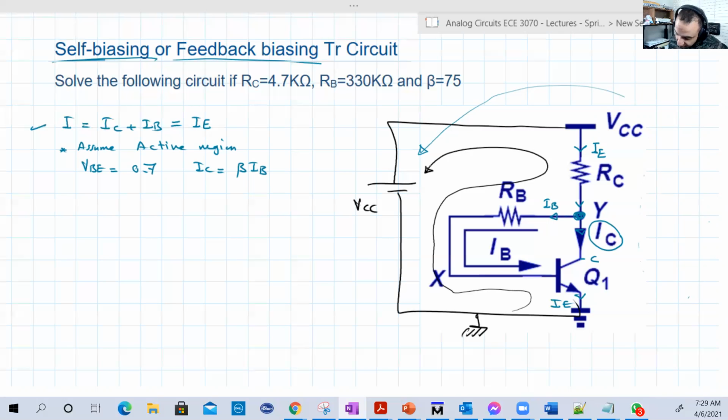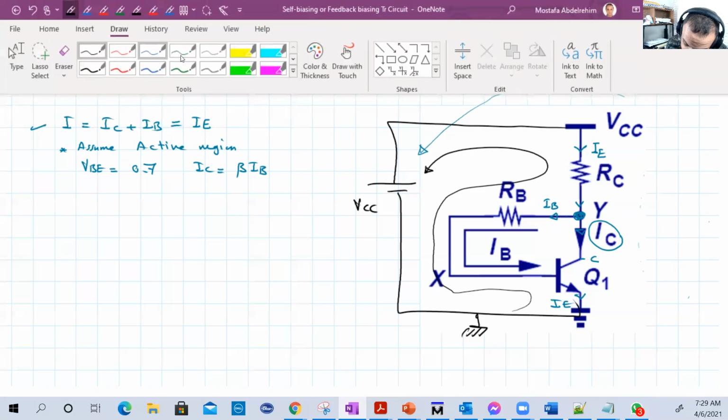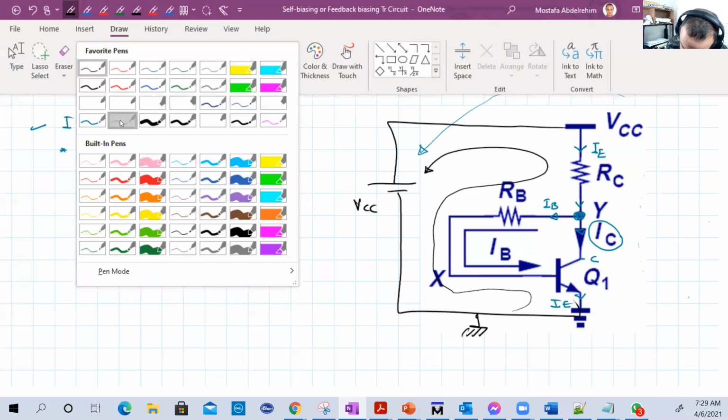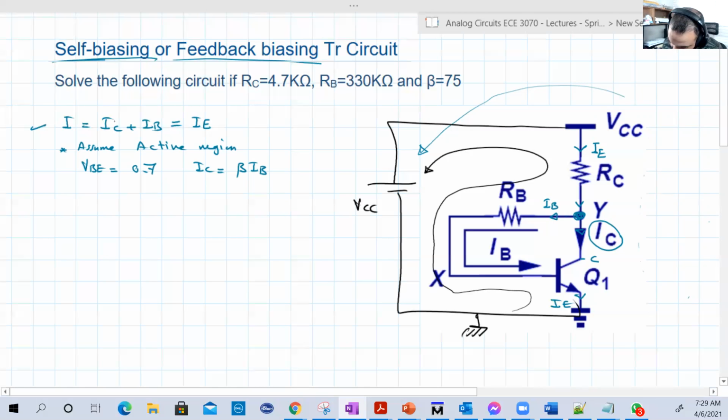Okay. So let's write down the equation of that loop. Okay, let's assume any circuit. So VCC equal to IERC plus IBRB plus the 0.7.